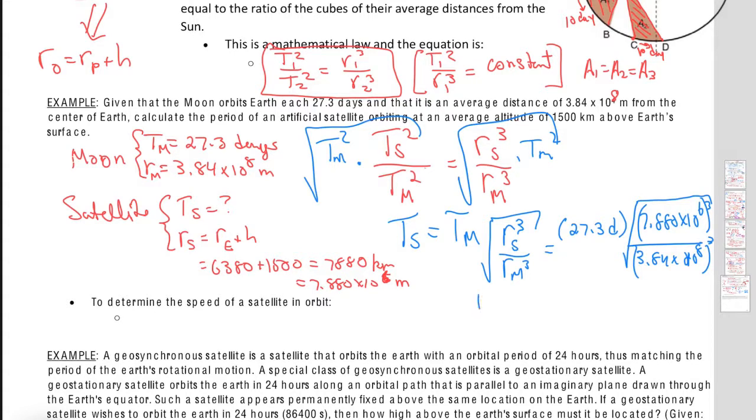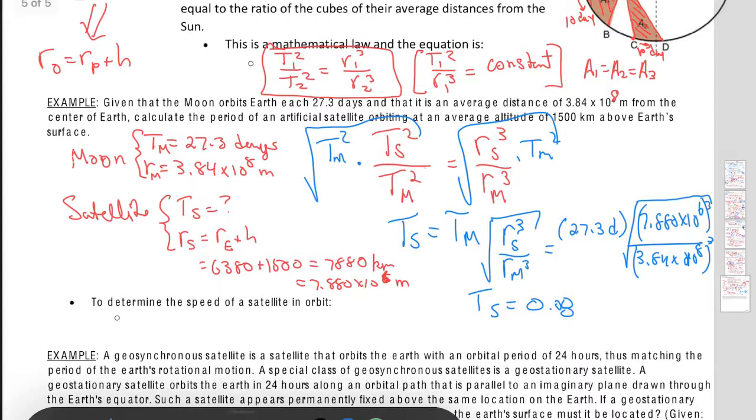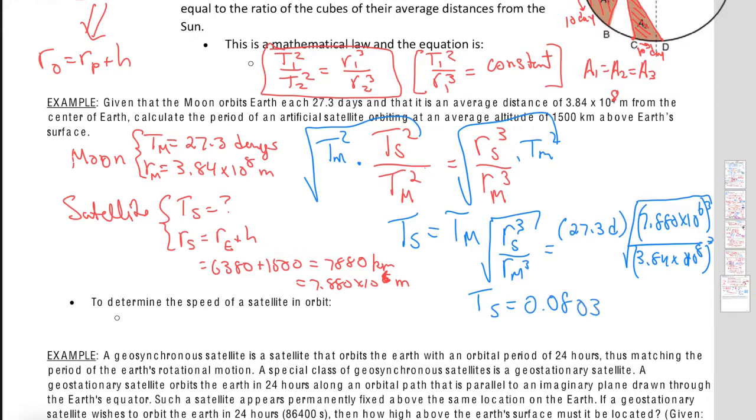And I get a period of the satellite of 0.0803 days. If I multiply that by 24, I get 1.93 hours. So the satellite would take roughly 2 hours to go around the Earth at that location.